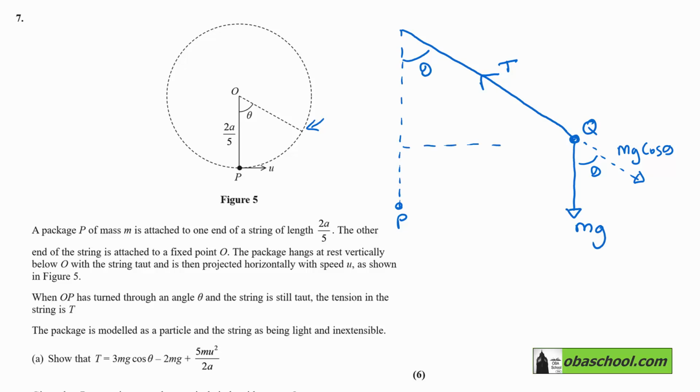Now we want to know something about distances as well, so if we draw a horizontal just there, this distance here, since the radius is 2a over 5, would be 2a over 5 cos theta, making the distance that the object has risen through 2a over 5, take away 2a over 5 cos theta.